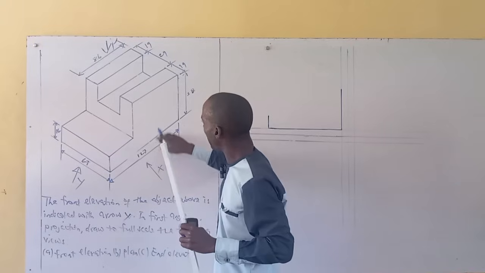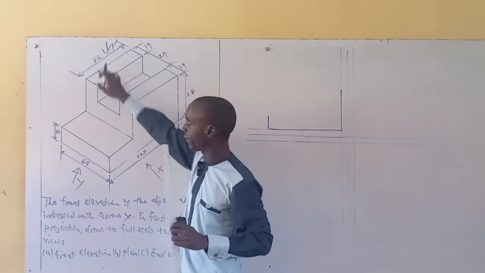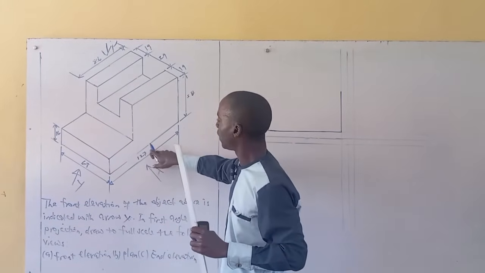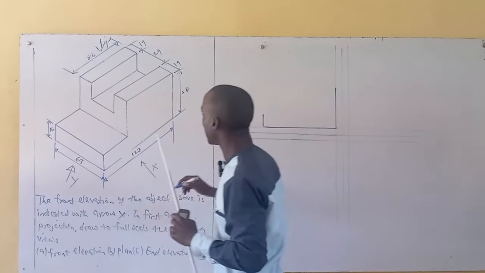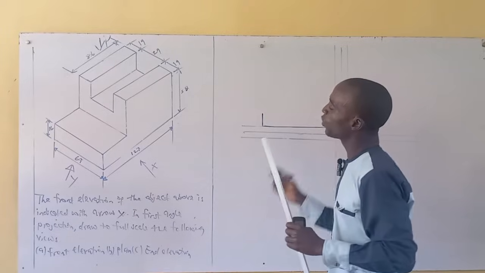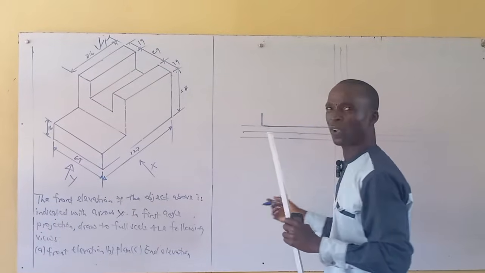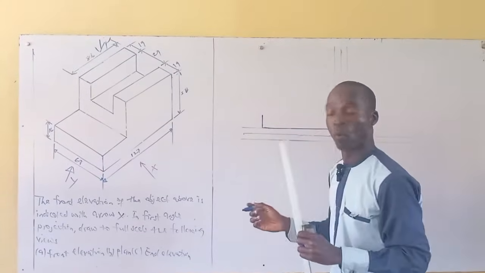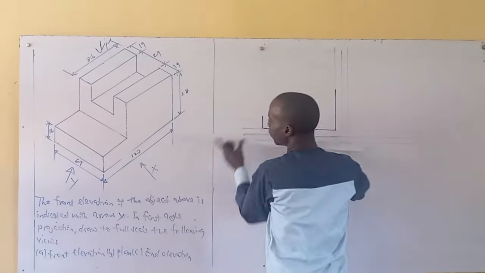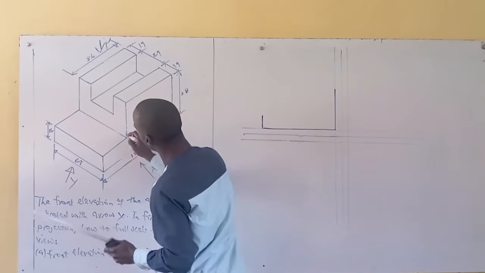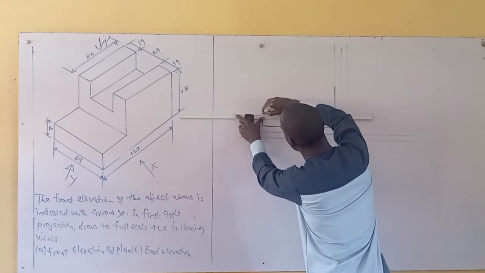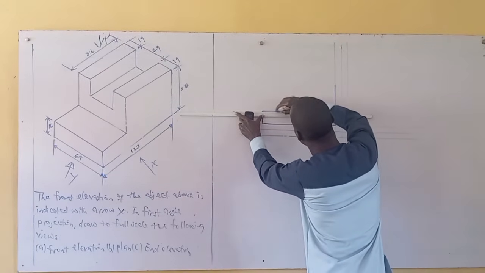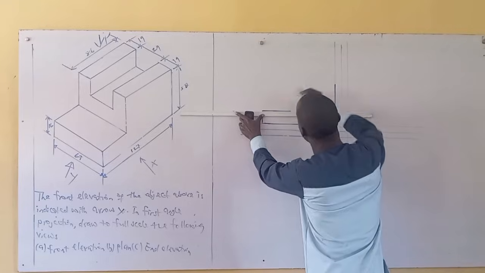We have to subtract 86 from this line dimension here to get from this point to this point. 127 minus 86 will give us 41. You measure from this point to this point, which will now be 41. Okay, measure it 41.